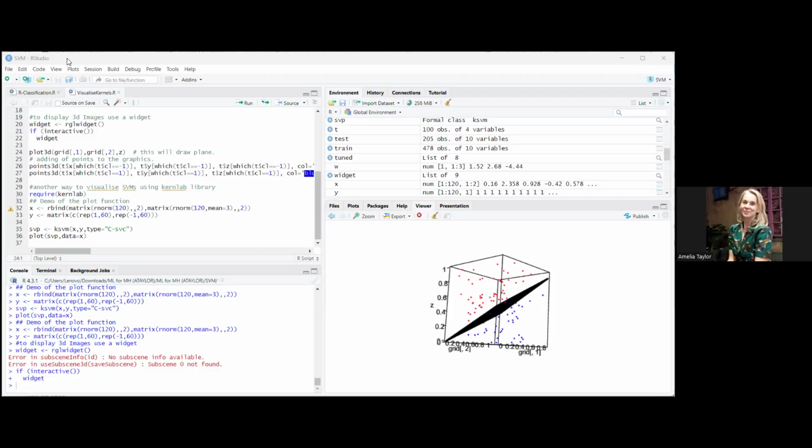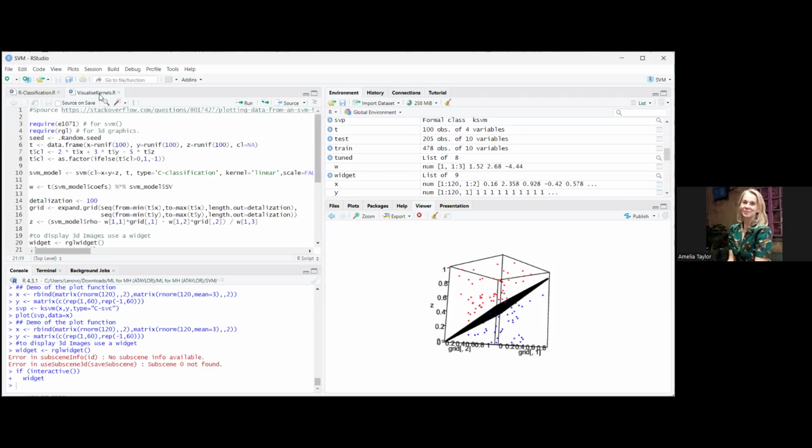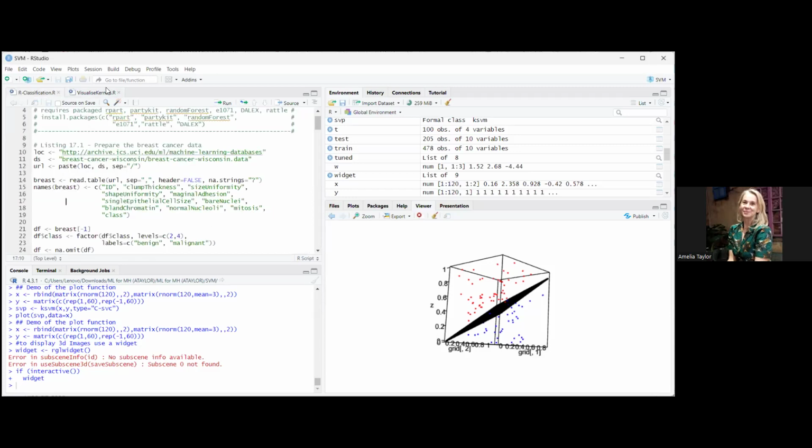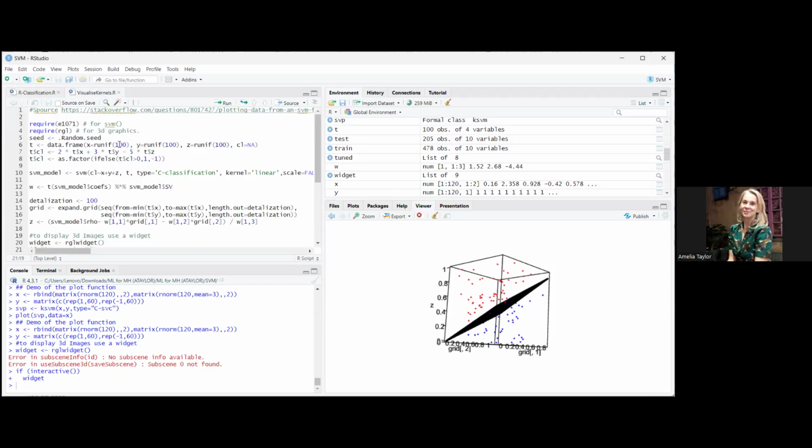Okay, so in the folder I shared with you, there are two files. One is called visualize kernels, and the other one is called R classification. I want you to look at the first one, which helps us visualize the kernels. I don't suggest that we run it together, because I've run it already, but you should run it on your machine.